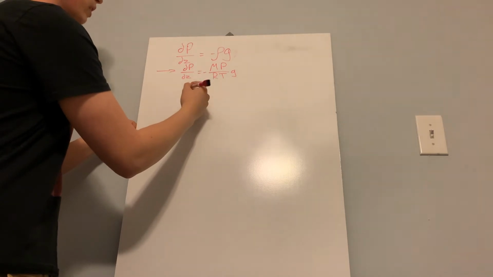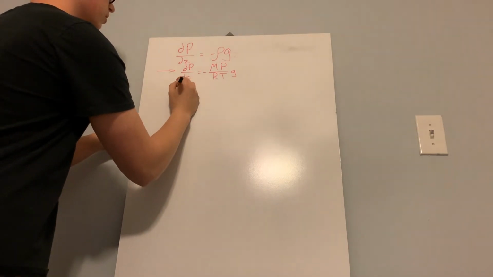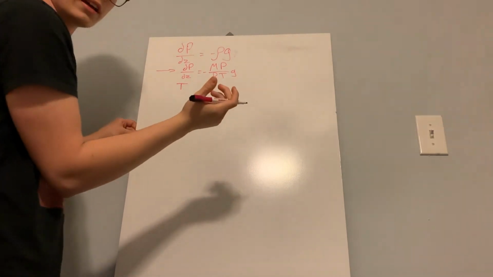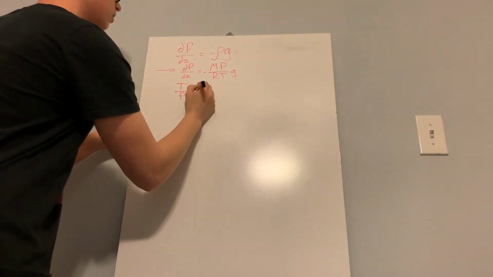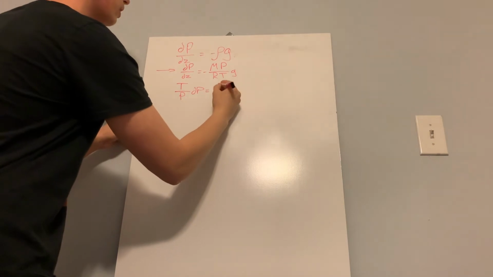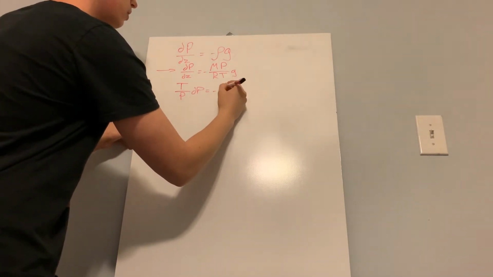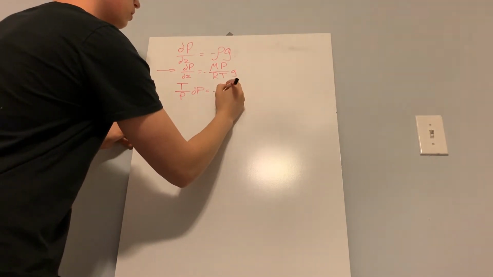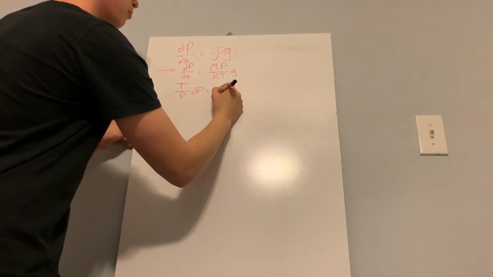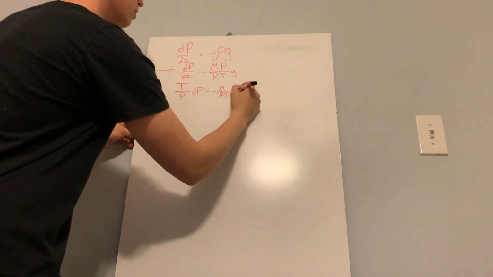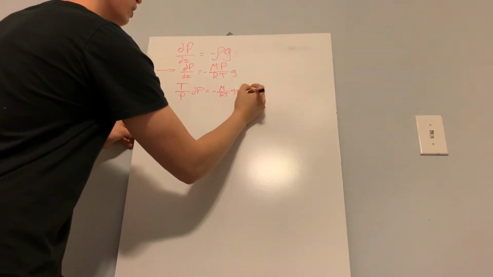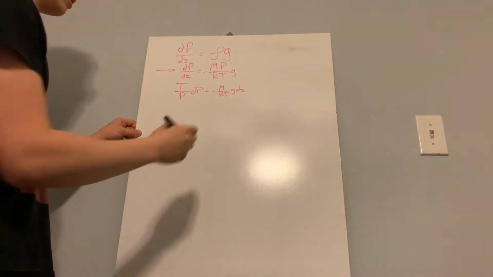So we're going to separate it out and isolate our temperature and pressure variables on one side, and then on the other side we're going to keep M over RT, g, and move our dz over.